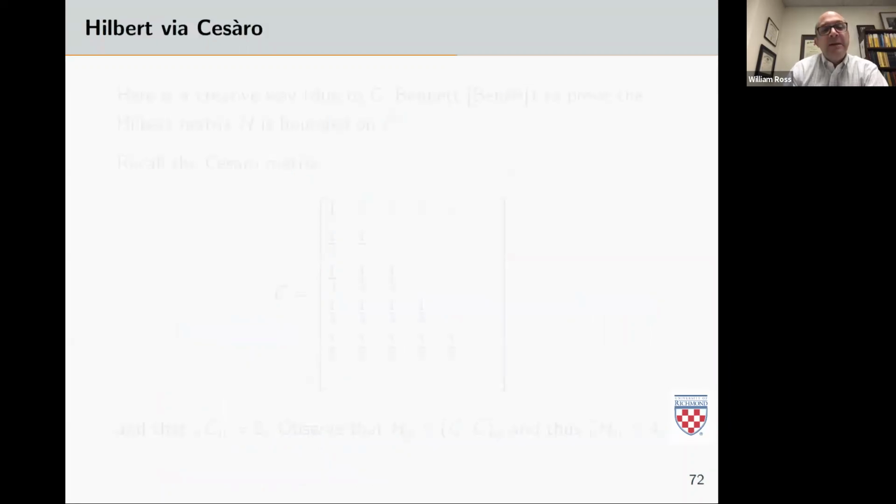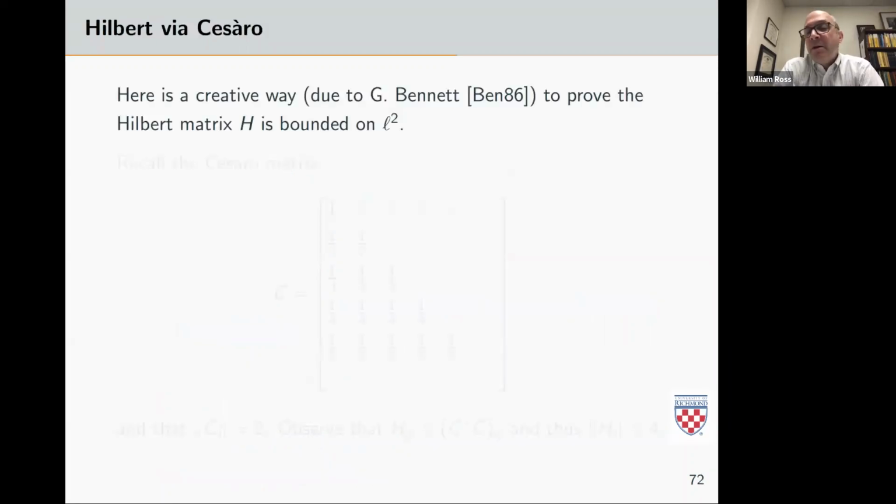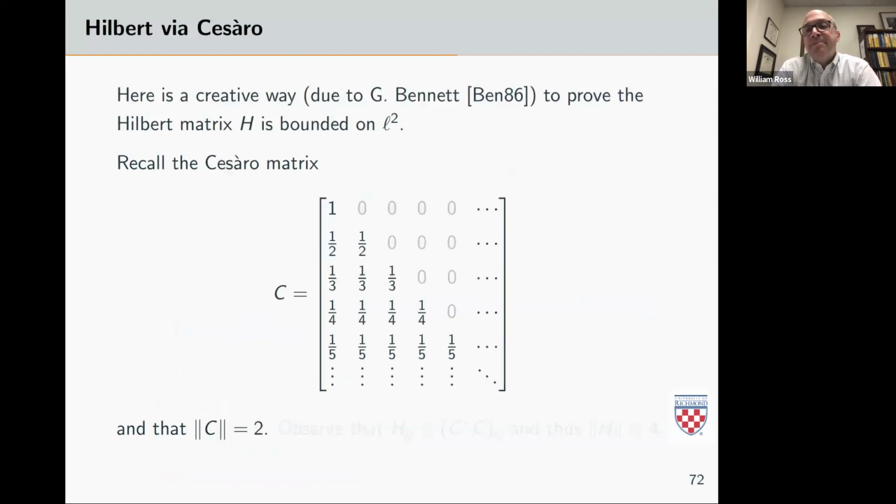Okay, this is an interesting little gem of Graham Bennett to prove the Hilbert matrix is bounded on L2. If you look at the Cesaro matrix, we covered this in the first lecture, and we proved that the norm is 2. With a little bit of work, you can show that the entries of the Hilbert matrix satisfy this inequality with C and C star.